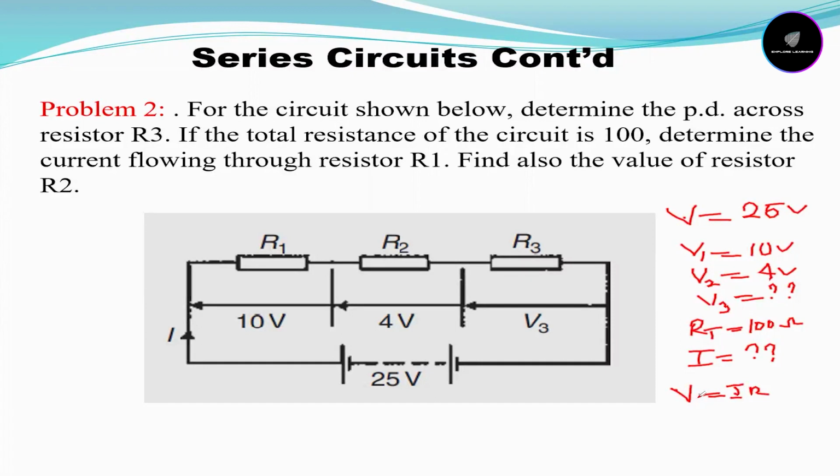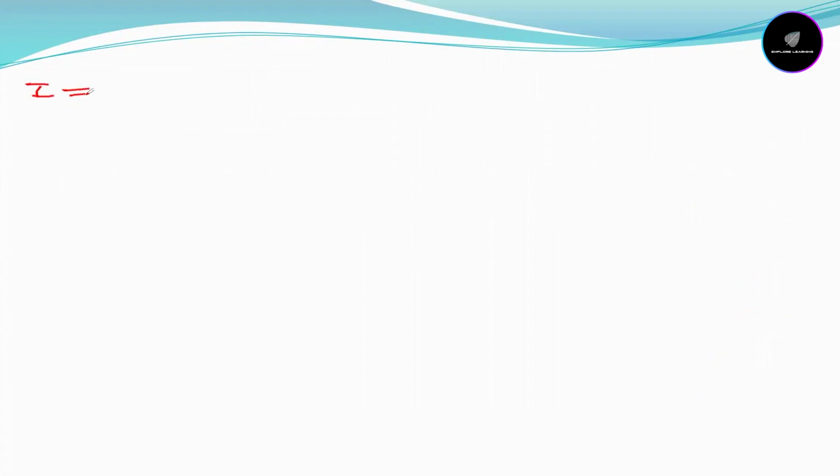In that case, all we need to do is to get I. So I equal to V over R, which is equal to 25 divided by 100, and that will give us 0.25 amp.